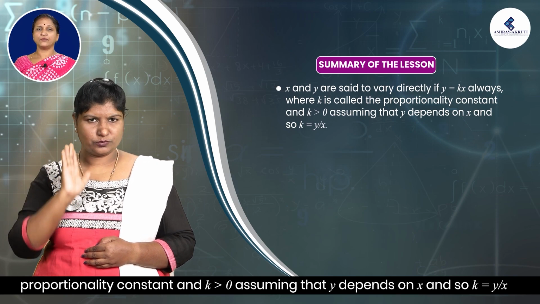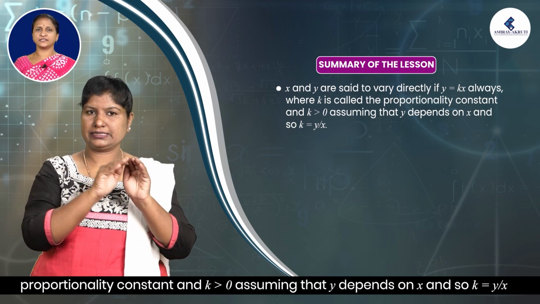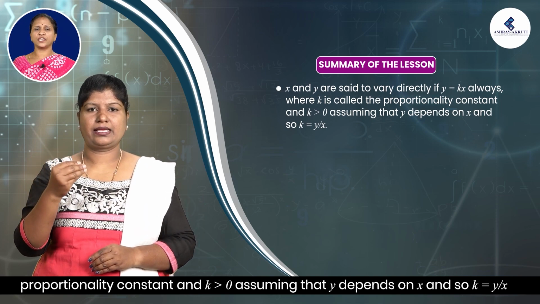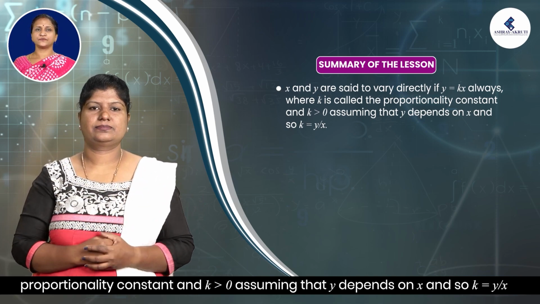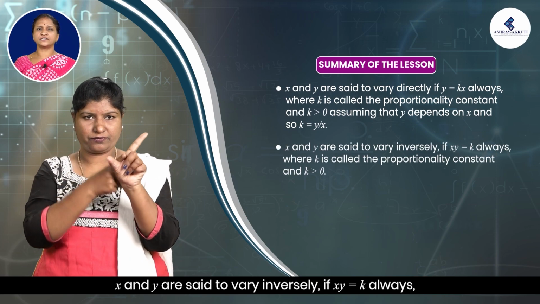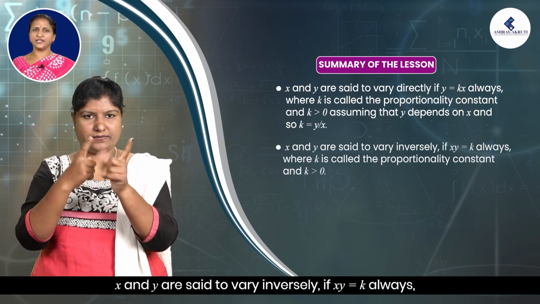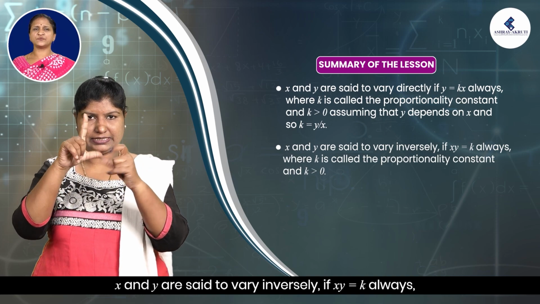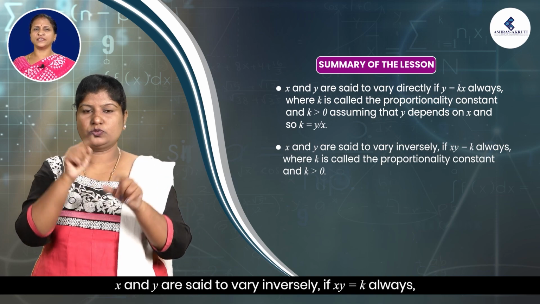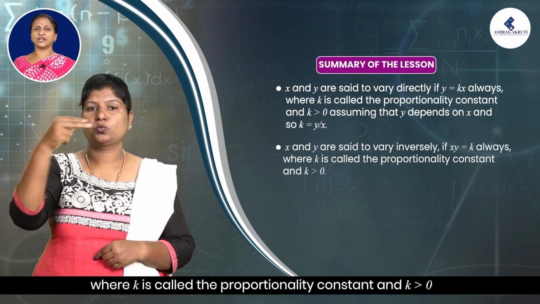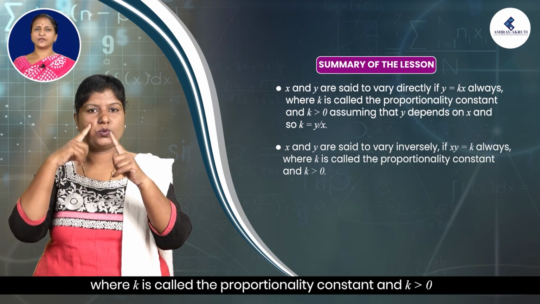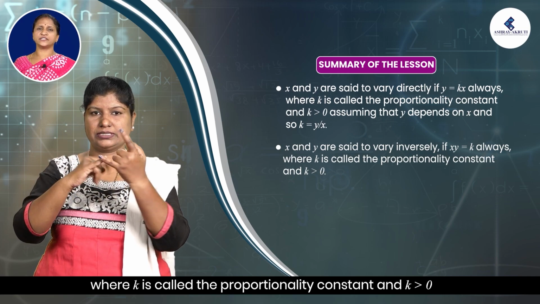Assuming that y depends on x, k is equal to y by x. x and y are said to vary inversely if xy is equal to k always, where k is called the proportionality constant and k is always greater than 0.